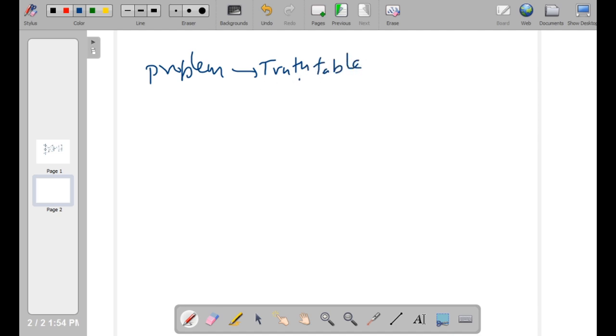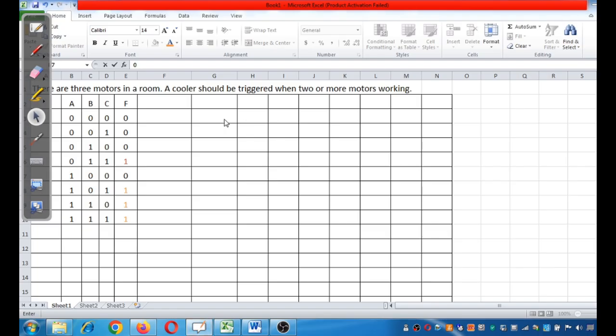The next stage is deduce a Boolean function from this truth table. How to construct the Boolean function from this truth table? That is the next question. For that, what you have to do is consider only the combinations for which the output value is 1.